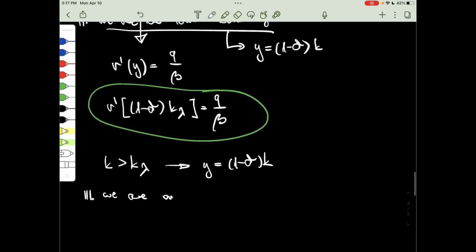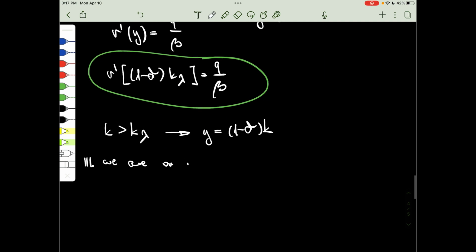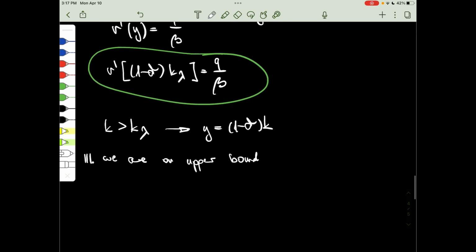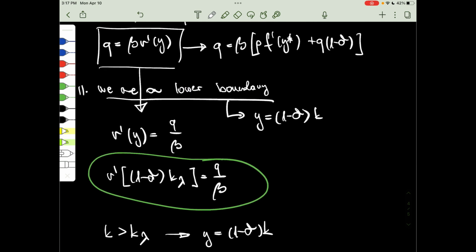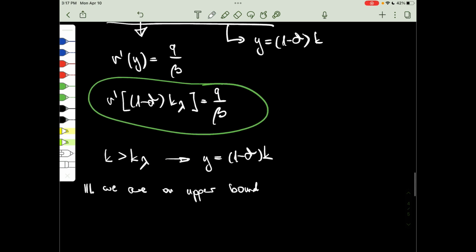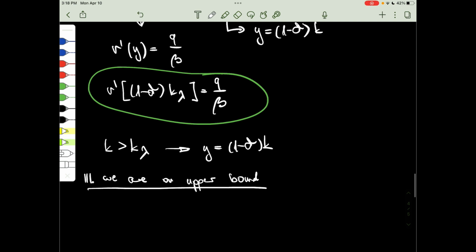In the third case, we are on the upper bound. It was not boundary, just bound. To err is human. So we are on the upper bound, and we will do the same.